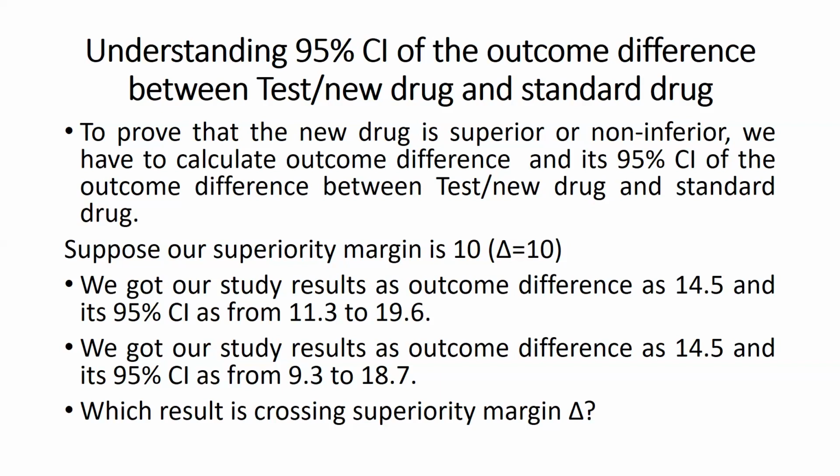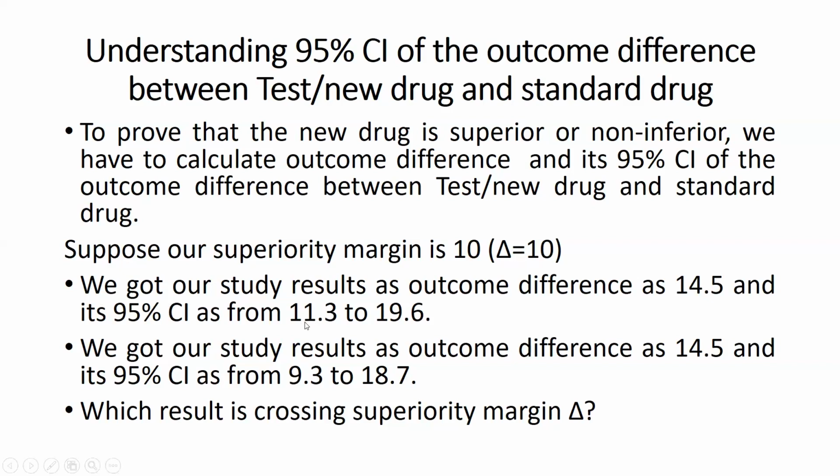And if our 95% confidence interval of the outcome difference is not crossing the superiority margin we have decided, that is 10 in this case, then we can say the new drug is superior to the standard one. So please see case number 1.